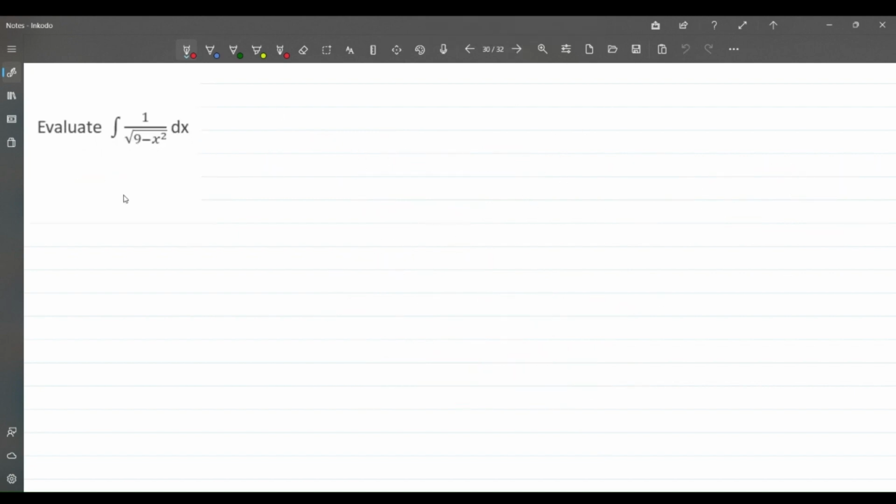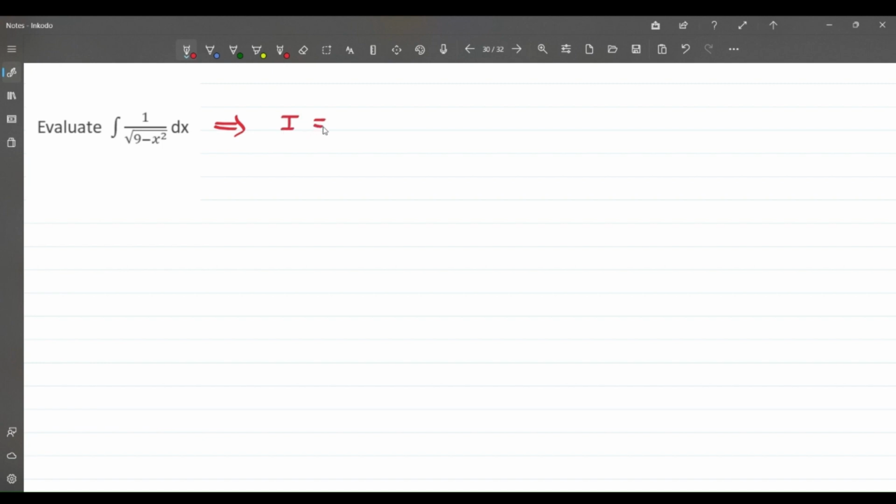Now we'll see similar examples, but here you can see the difference is a square root. So we have to use these three square root formulas, that is 25, 26 or 27. Now the second example: integration of 1 upon root 9 minus x square.